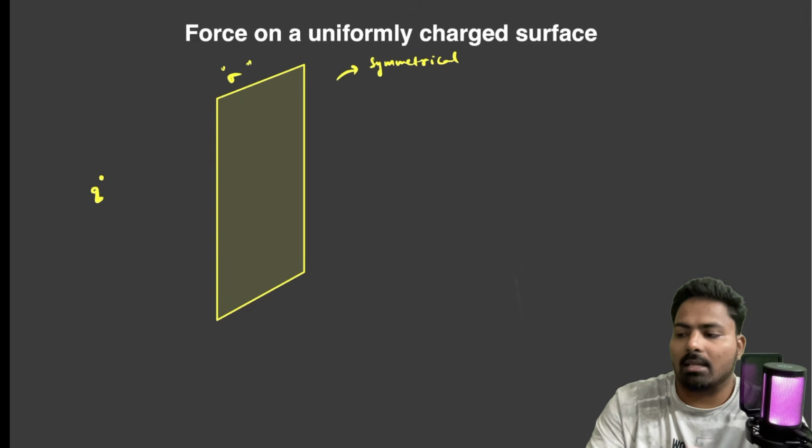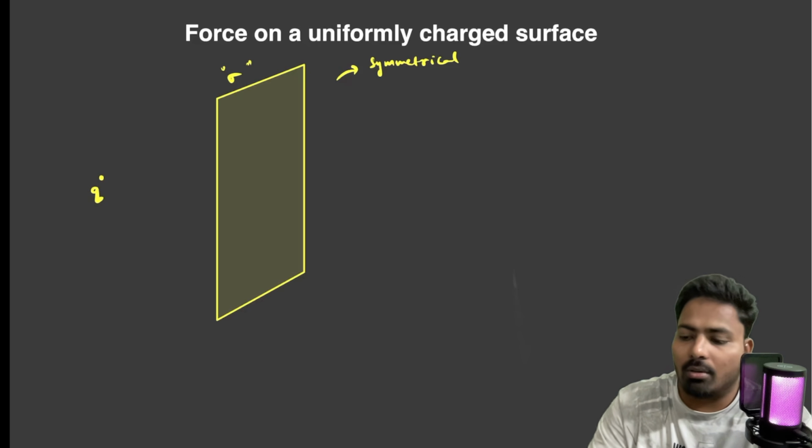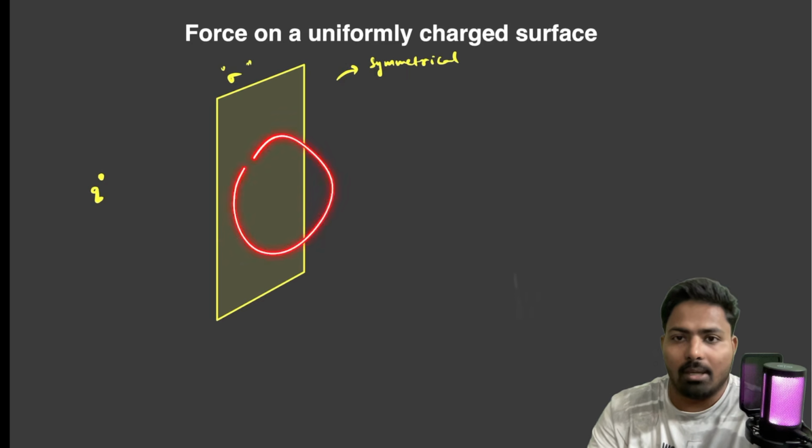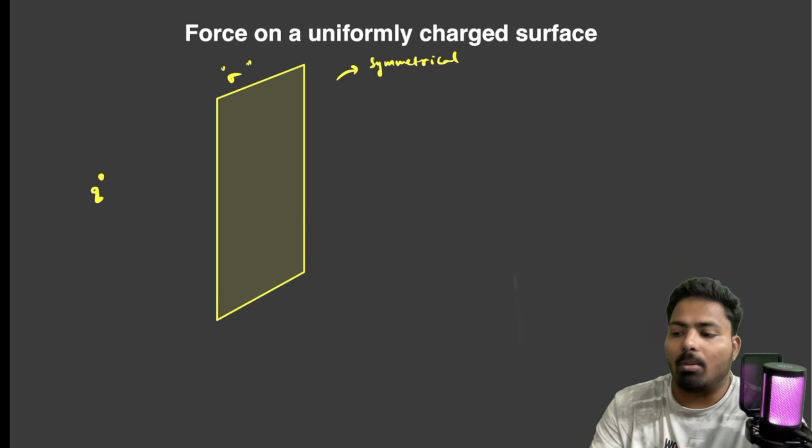Sigma is the surface charge density for this one. So now we need to find the force between this point charge and this surface. I guess by now it's pretty much clear that we cannot use Coulomb's law here directly, because one is a point charge and the other one is not a point charge, right? So this is the problem over here.